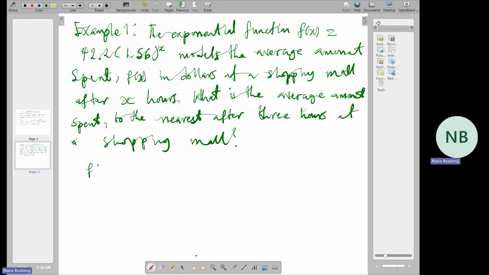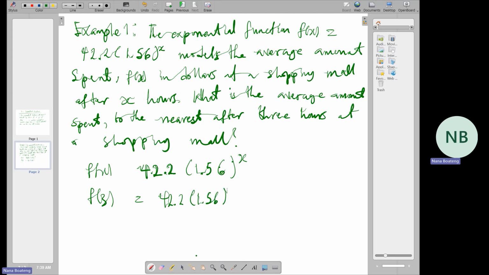All right, so we are told f of x is the amount spent after x hours. So f of x is equal to 42.2 times 1.56 to the power x. After 3 hours, that means x is equal to 3. So f of 3 is 42.2 times 1.56 power 3.